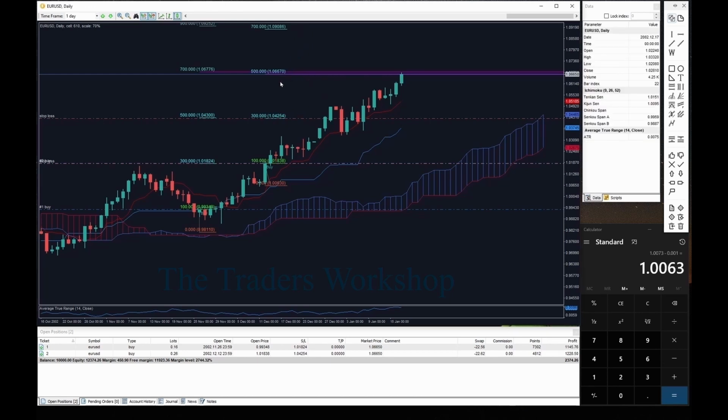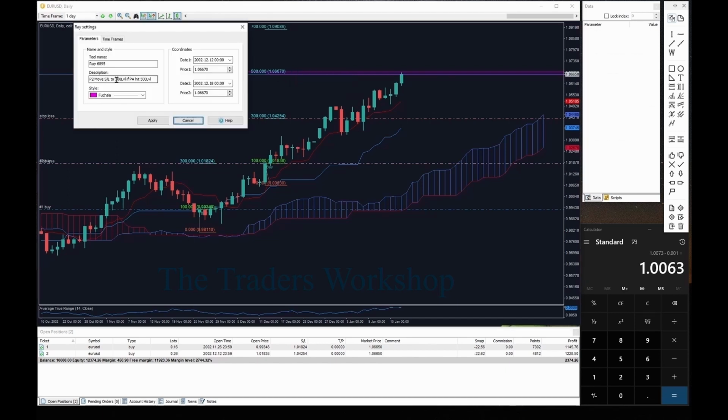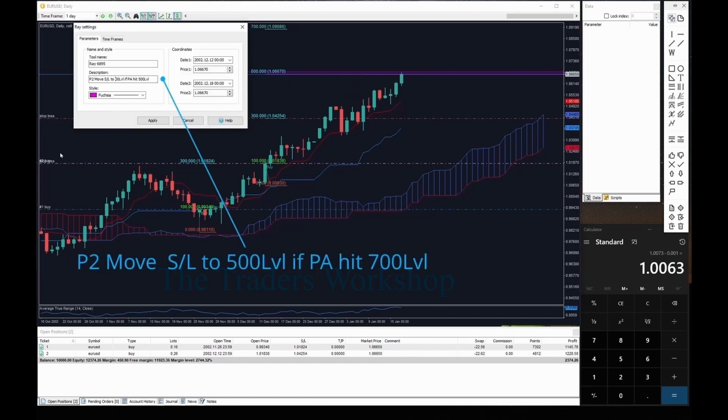Now let's update the ray line description and price level. The new description should be: move the stop loss to level 500, if price action hit the level 700. And the new price level should be at level 700, and this price level is 1.09086.